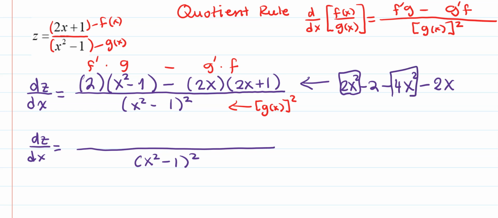That is the same as this. Positive 2, negative 4, you'll have negative 2x squared minus 2x minus 2. And the question is, can you factor anything out? Well, I see a negative 2.